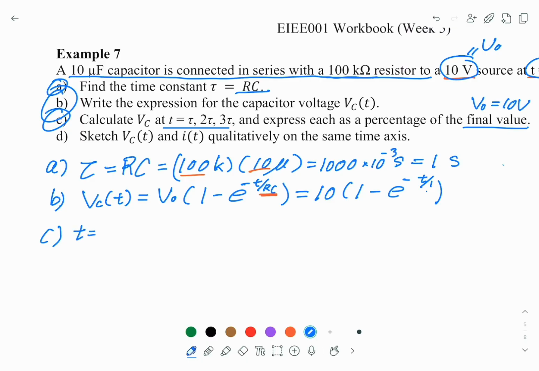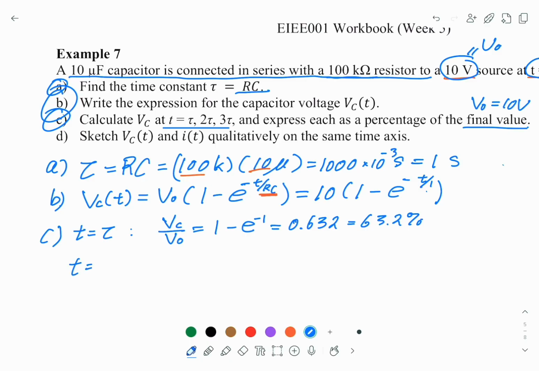At t equal to tau, VC over V0 is 1 minus e to the minus 1. So when t equal to 1 RC, this is 0.632 or 63.2%.